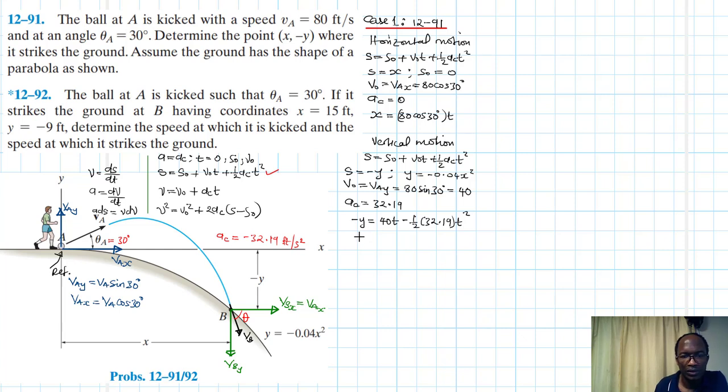Since we know that y is equal to that expression, we can replace this y here.